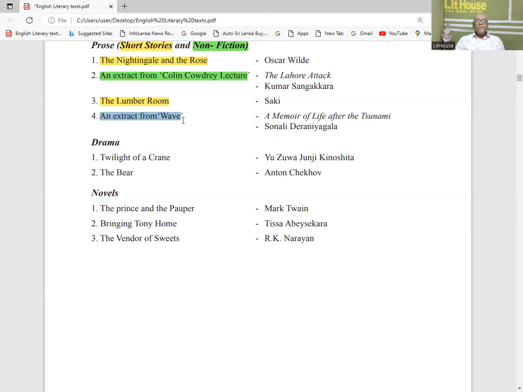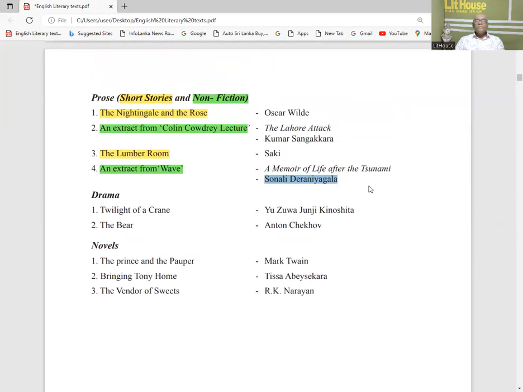An extract from Wave. This is a non-fiction, a memoir of life after tsunami. The writer is Sonali Dharaniyagal, a Sri Lankan woman writer.